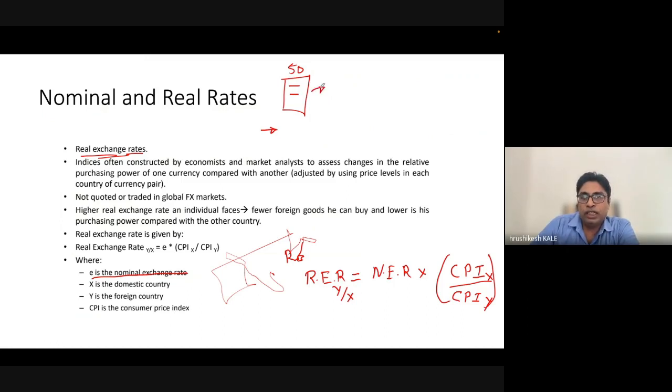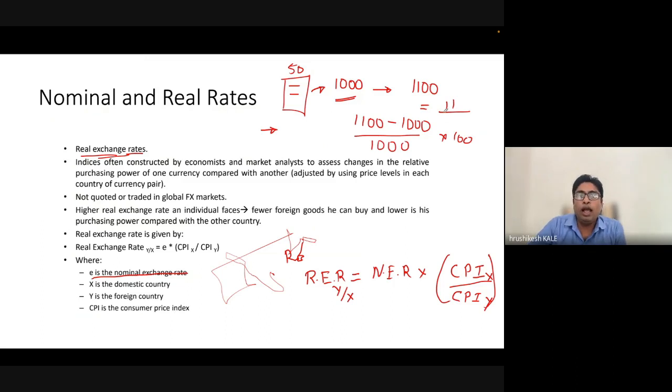If last year its price was 1,000, and this year its price is 1,100, then the change is 1,100 minus 1,000 upon 1,000, into 100. That is 110 upon 1,000 into 100, and that's how you calculate consumer price index.